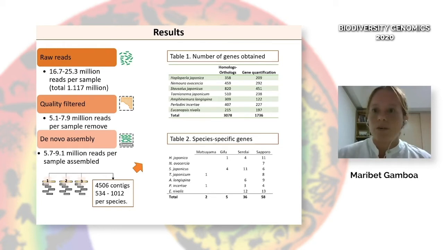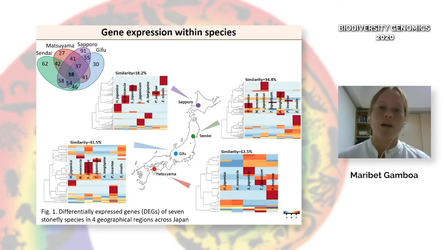So now let's look at differentially expressed genes within the species. In this slide, I show you a map of Japan and the 4 different geographical regions that I sampled in 4 different colors. And you can see the heat map of the differentially expressed genes, and over the graphic, you can see the percentage of gene similarity.